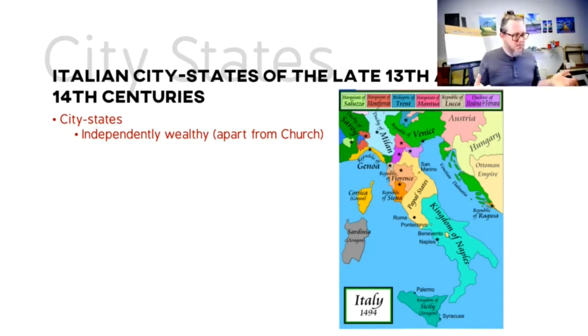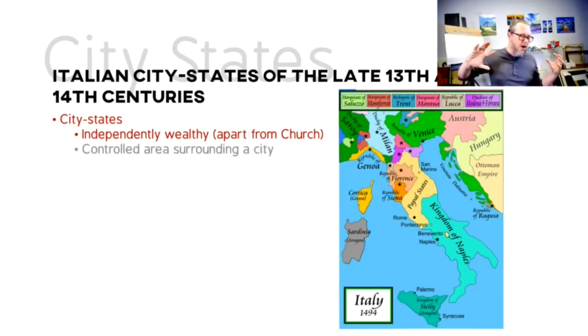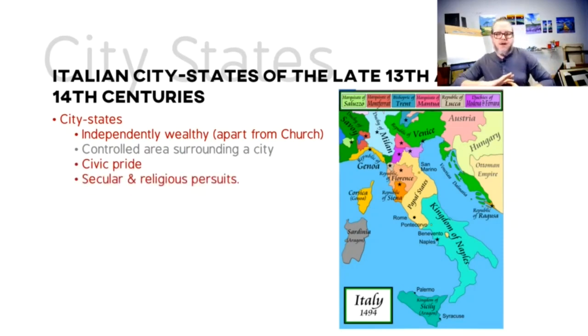This would usually be due to commerce in the area or some natural resource. And then these cities would gain control of the surrounding areas, and now you have what is referred to as a city-state. That city-state could now take part in civic pride, and start investigating secular and religious pursuits as well.